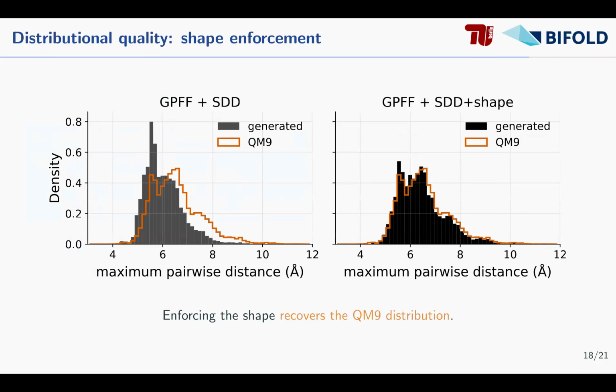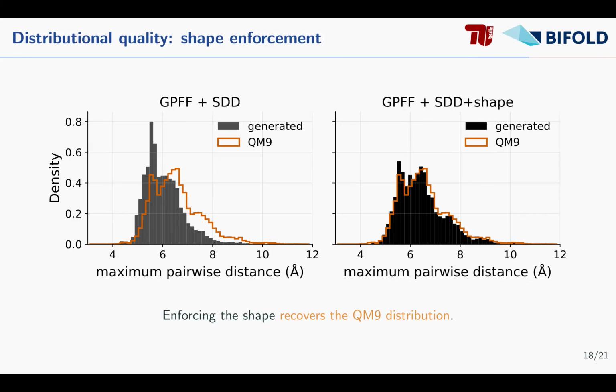Now if we look at the sample distribution, compared to the standard direct denoising approach, enforcing the shape really recovers the distribution of maximum pairwise distances in QM9. So we found a way to fix this distribution bias.